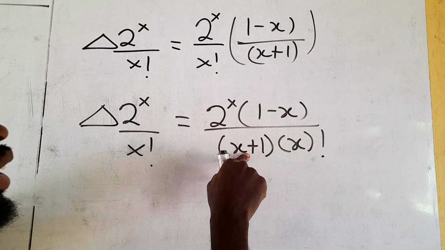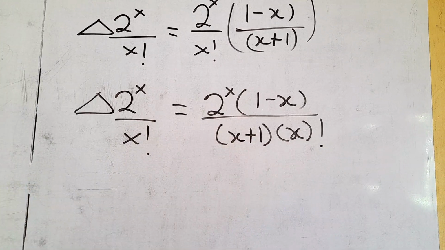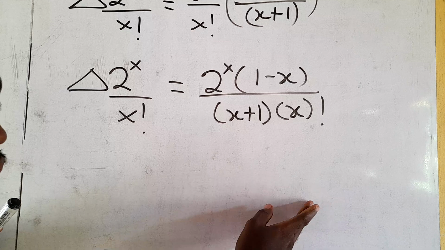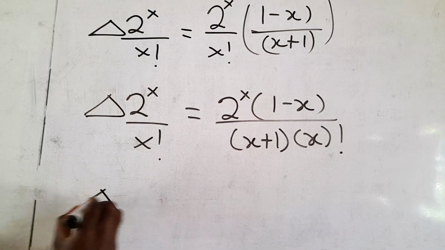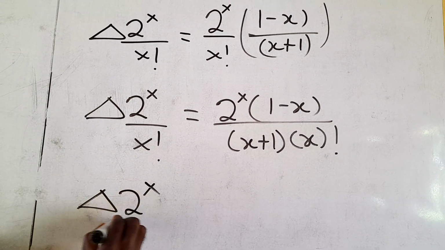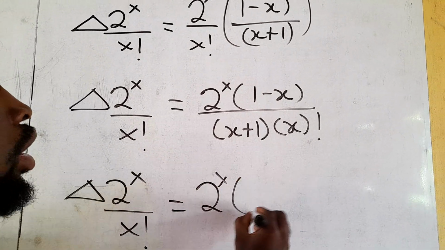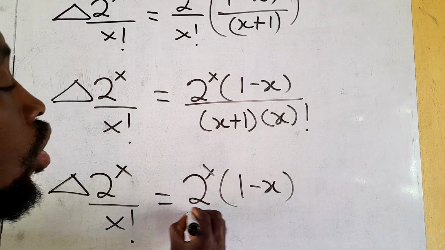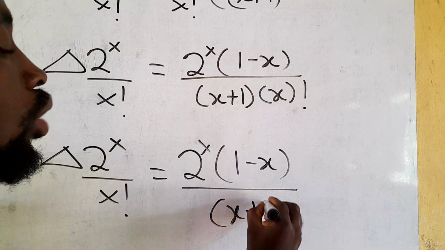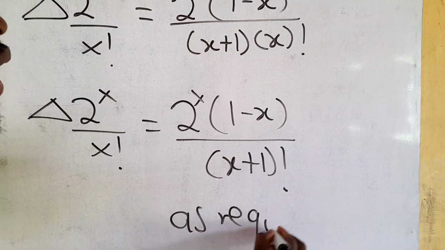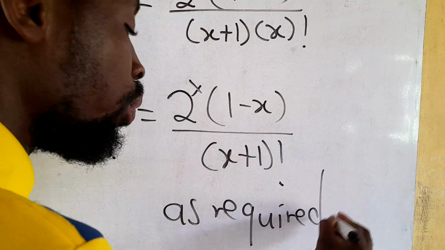And remember, this x plus 1 times x factorial is actually x plus 1 factorial. Then we can say that delta of 2 exponent x over x factorial is equal to 2 exponent x times 1 minus x all over x plus 1 factorial, as we are required. I hope you get that.